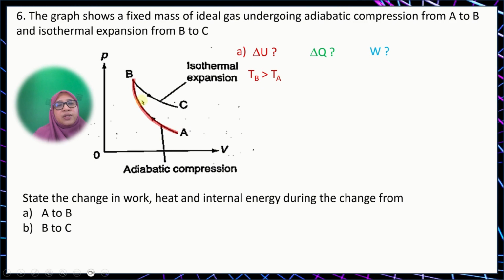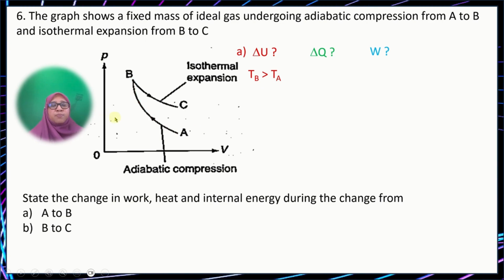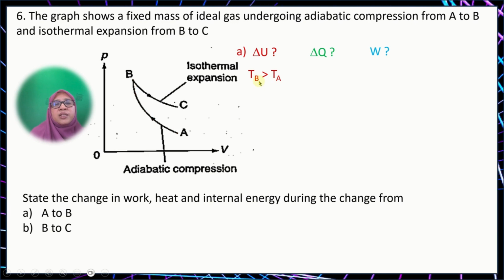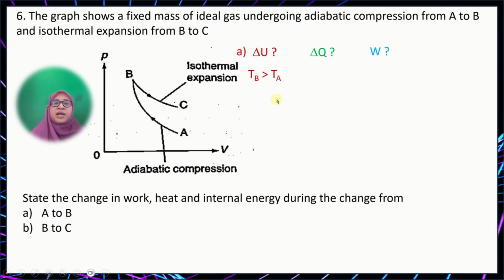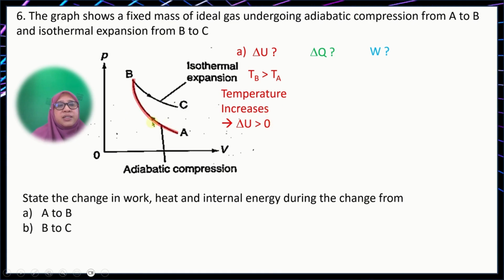You can imagine that since BC is an isotherm, there is another isotherm down here. So that means the temperature at A is less than at B. The temperature at B is higher than the temperature at A. Okay, so if the temperature increases, looking at the arrow, the internal energy we get is positive.